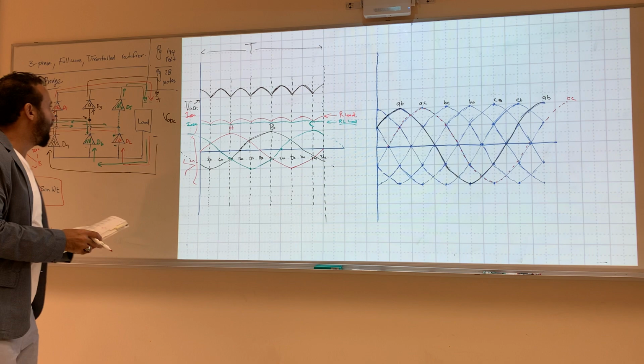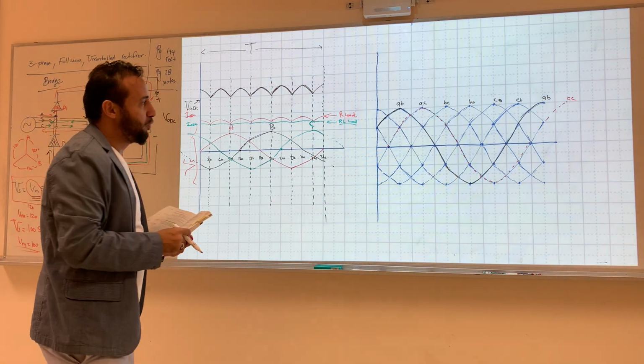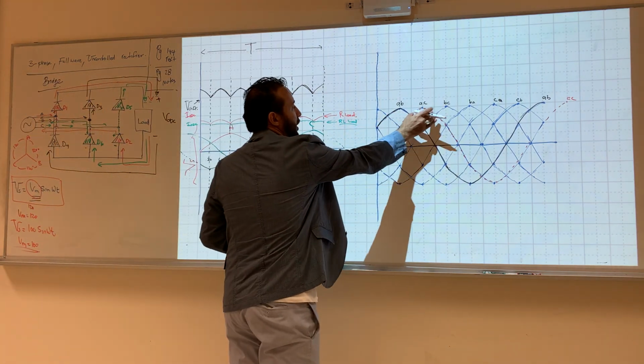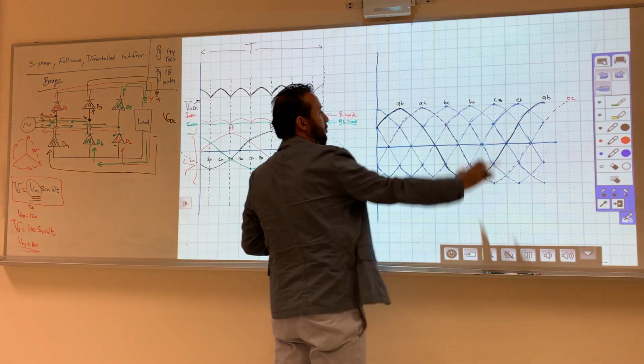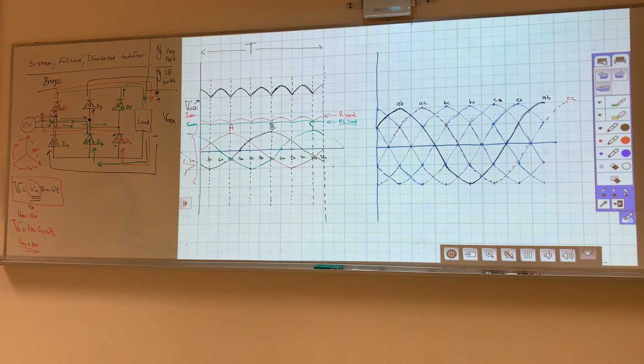Okay, let's look at the diodes. Which diodes are here? Which diodes are here? And which diode on BC? Which diodes on BA? And so on. So we will compare the grid to our circuit and see the results.